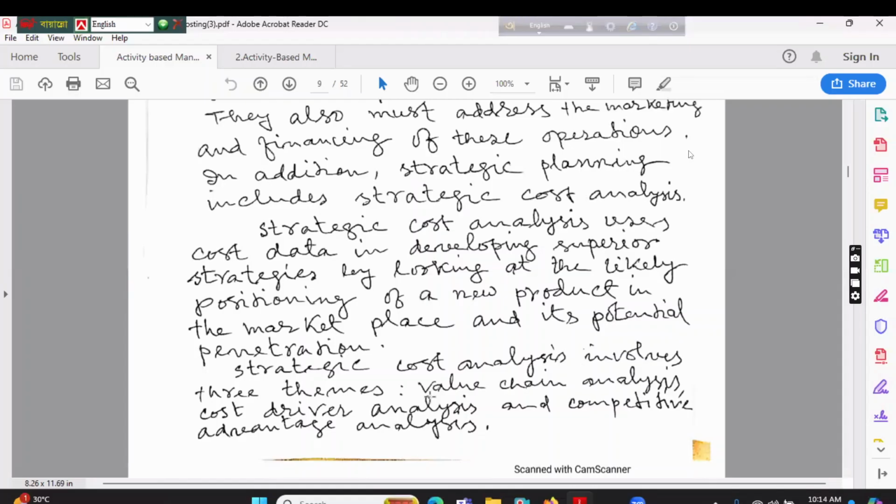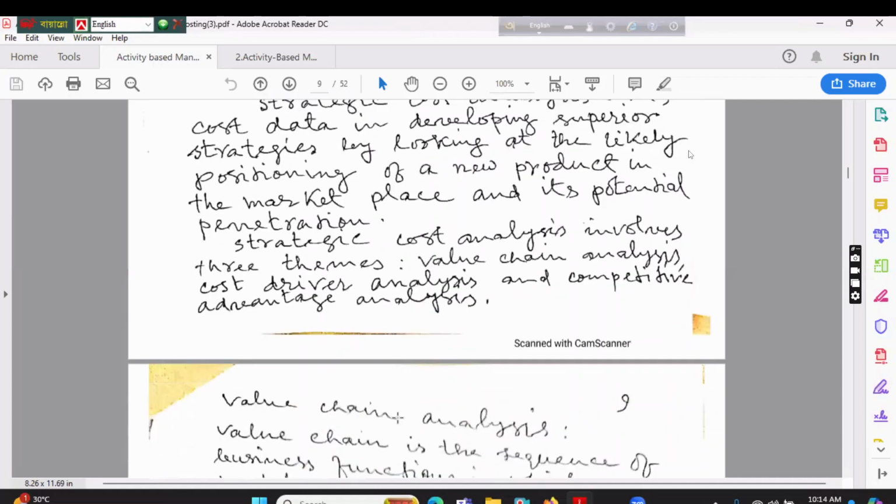Strategic cost analysis involves three themes: value chain analysis, cost driver analysis, and competitive advantage analysis.